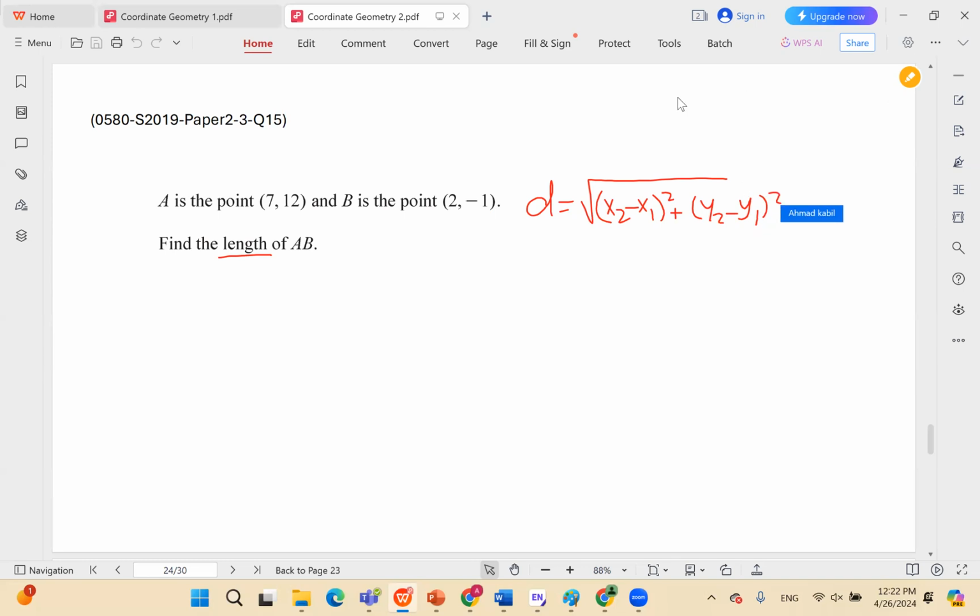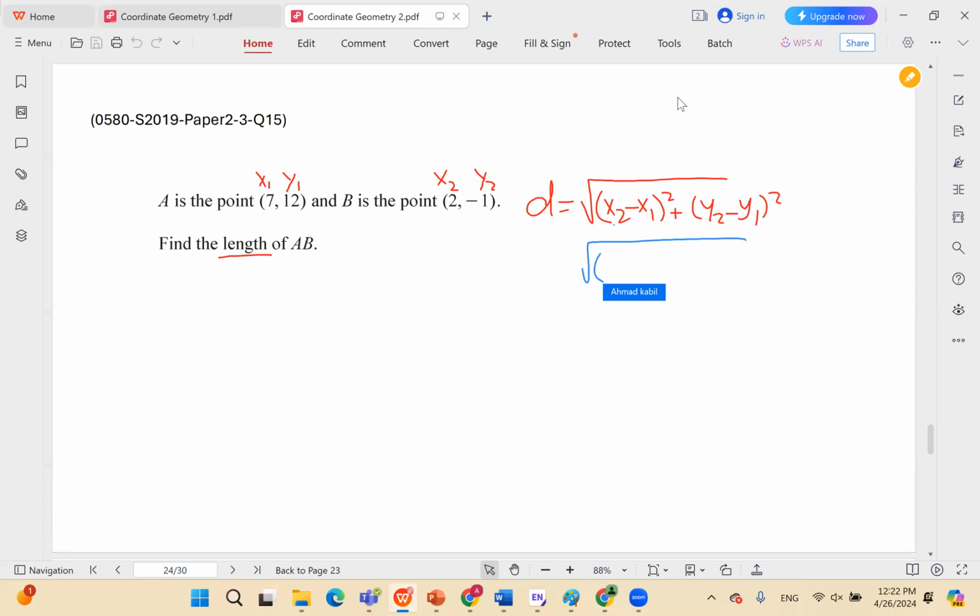And again, we label the points. So we have x1, y1, x2, y2. And we want to plug them into this formula. So x2 is 2. So let's write down the square root.